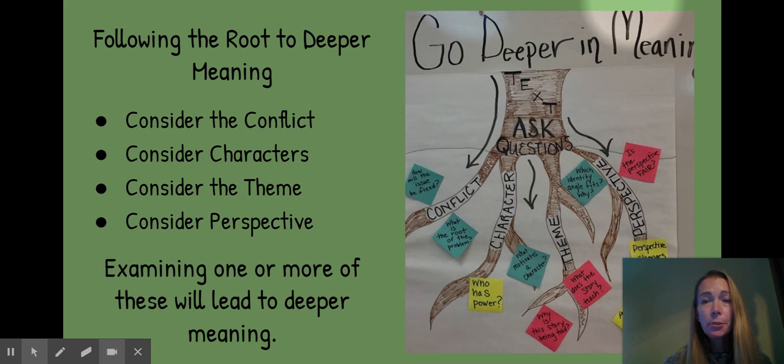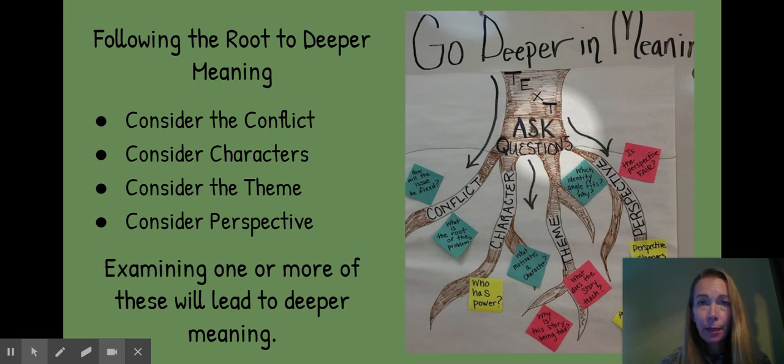So, what I want you to think about is we're going to use this tree as a metaphor to help ourselves think about going deeper in meaning as readers. So, here is our text trunk. Our text trunk is our text, and this is where we're reading and asking questions. And notice that we're just right at the surface level, and that's where we usually are when we're reading.